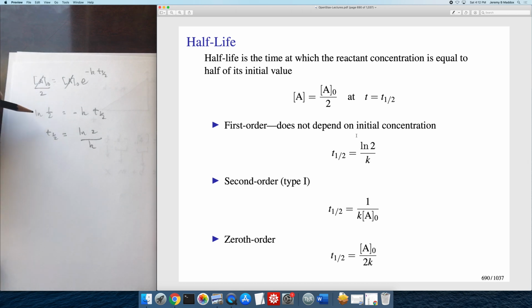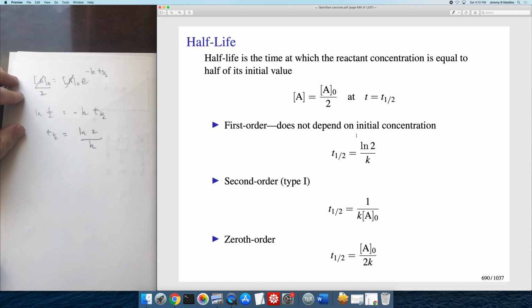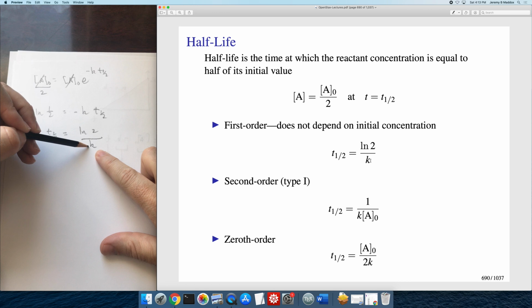And I want to point out a very important feature, and that is that the half-life time for first-order kinetics does not depend upon the initial concentration of the reactant. It is, however, inversely proportional to the rate constant. So the larger the rate constant, the smaller the half-life time, the faster the reaction goes.